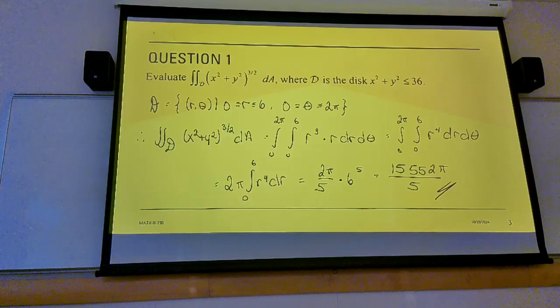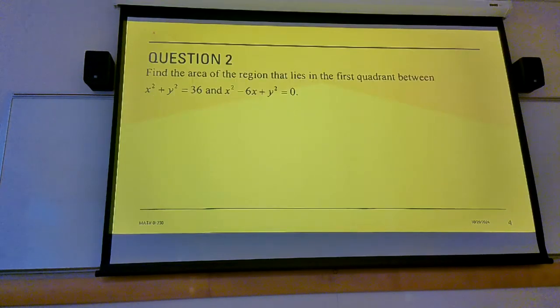Now find the area of the region that lies in the first quadrant between x squared plus y squared equals 36 and x squared minus 6x plus y squared equals 0. What's area?